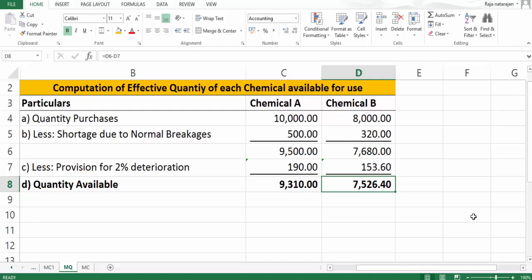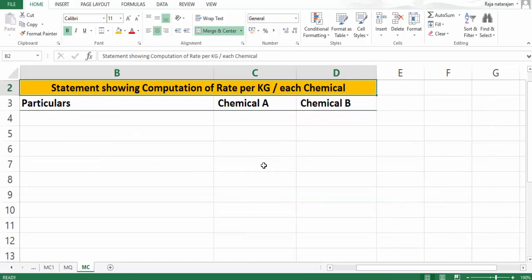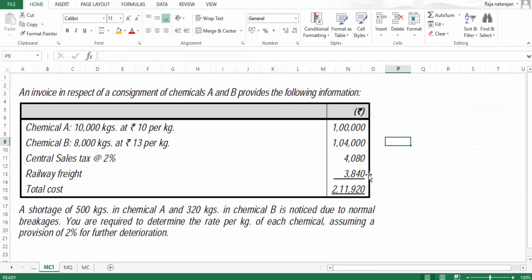Now we'll take this information to find out the rate per kg of each chemical. For that we need another working note, a statement showing computation of rate per kg of each chemical. Already we have some information, but it's overall information comprising chemical A, B and all taxes and freight put together. Let us do the splitting based on the available information.